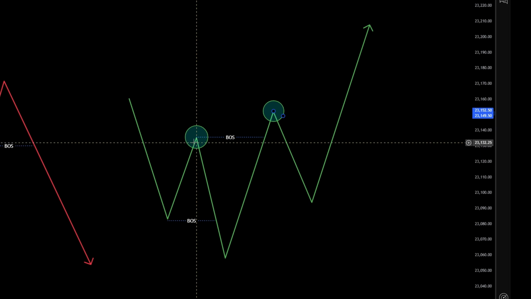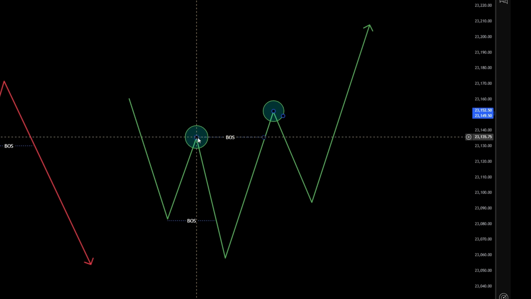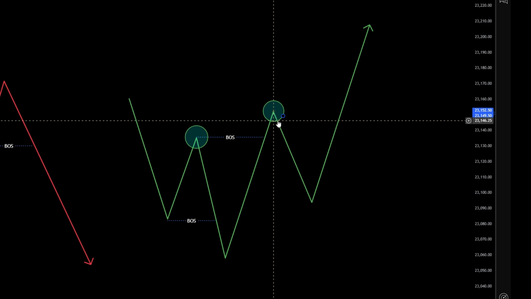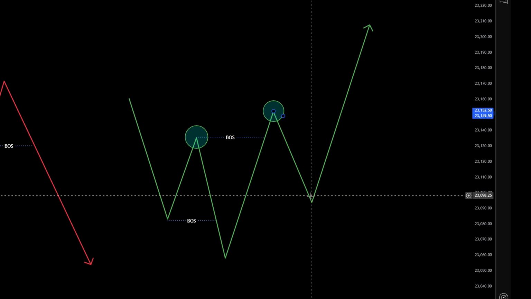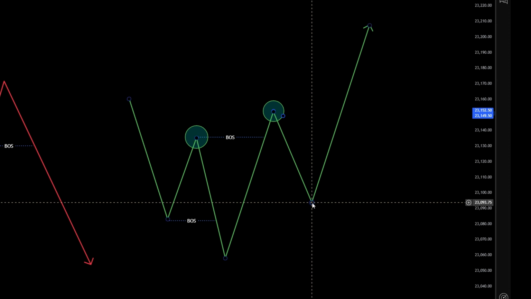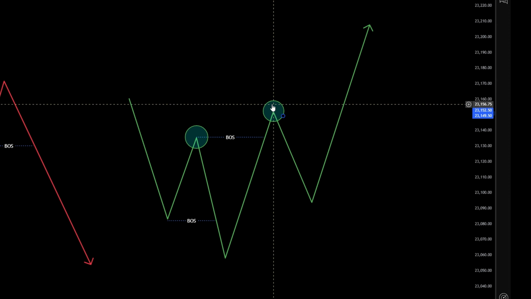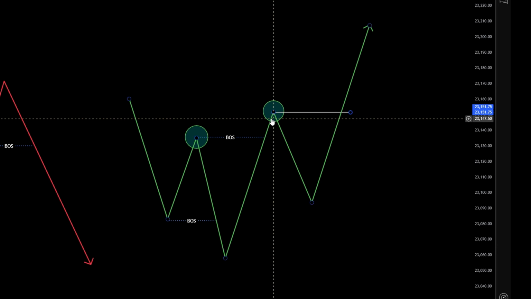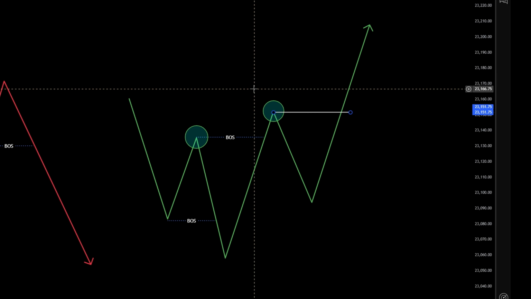So there's our two points of failure. This one failed to hold structure, or to protect the structure, and got broken through. And then this one came down, failed to put in a new low, and instead continued upwards. And when we see this happening, what do we know about this high now? It becomes weak, right? A weak structure gets run through.